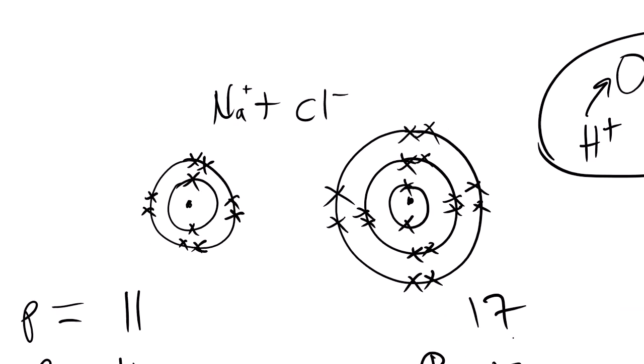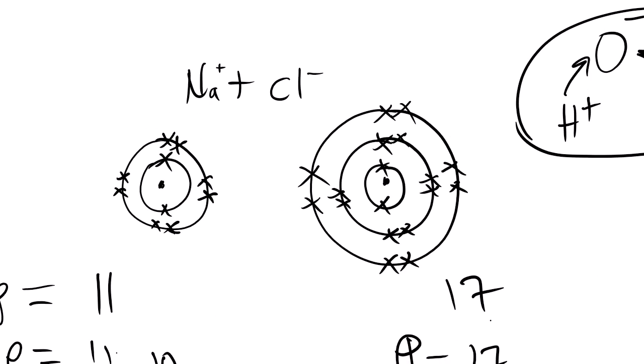At the end, you have 2 oppositely charged ions, because this one is not an atom again, it is an ion, as I explained in the beginning of this video. And this one too is an ion, but this one is a negatively charged ion, while this one is a positively charged ion.